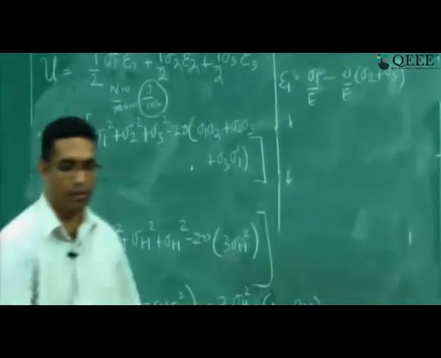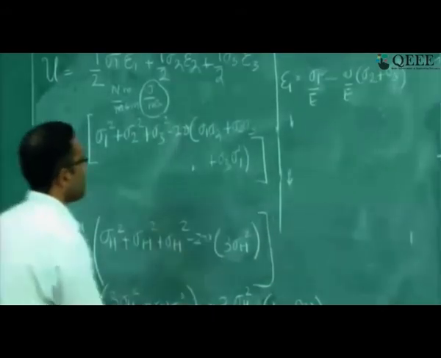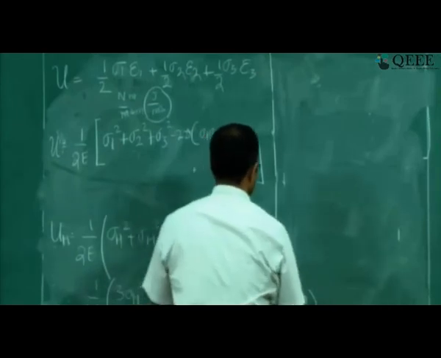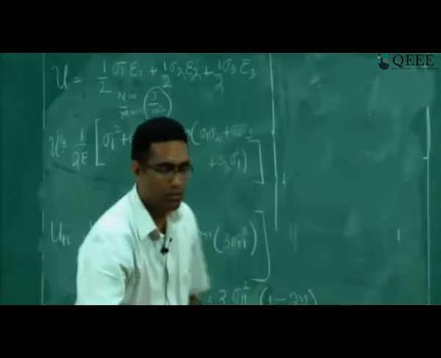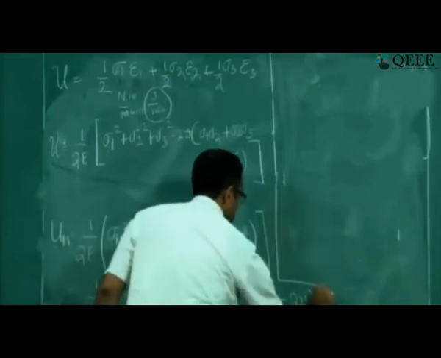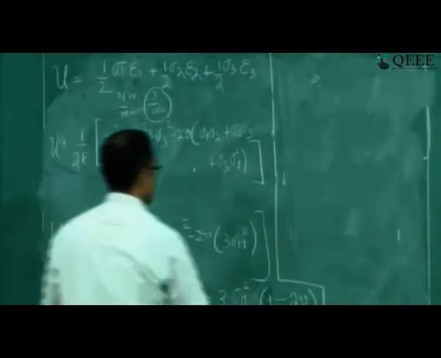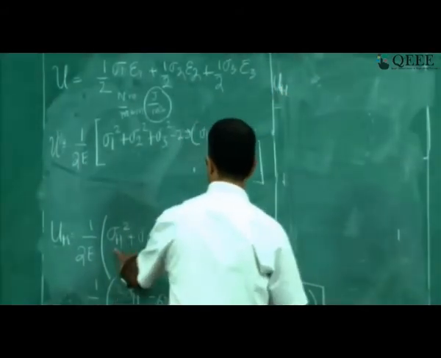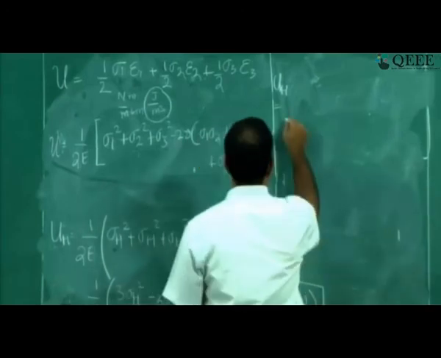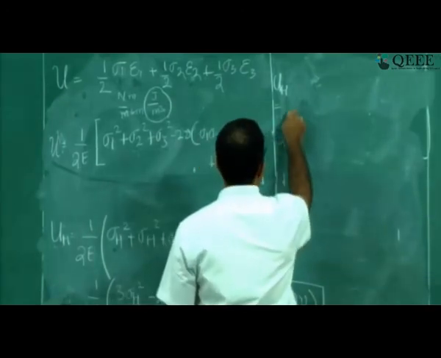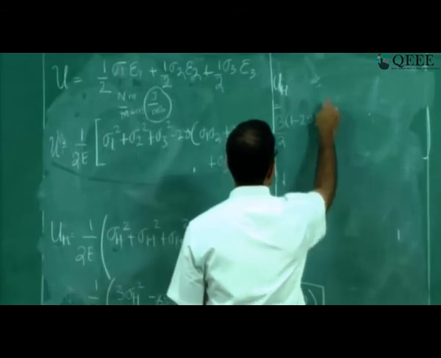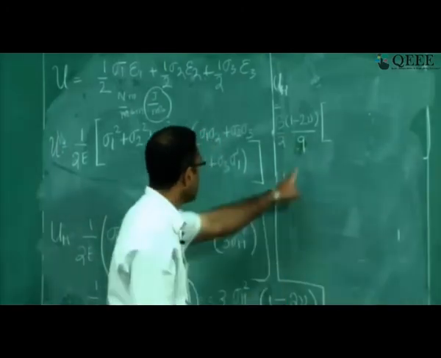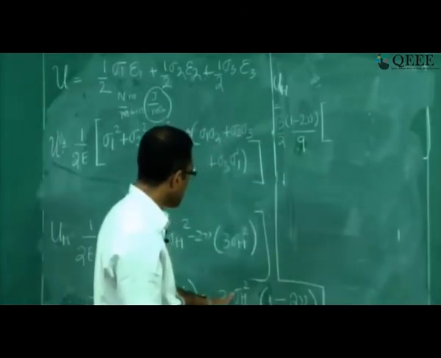I will write it here because I don't know whether you can see. There will be a 9 here because sigma h is sigma 1 plus sigma 2 plus sigma 3 by 3.